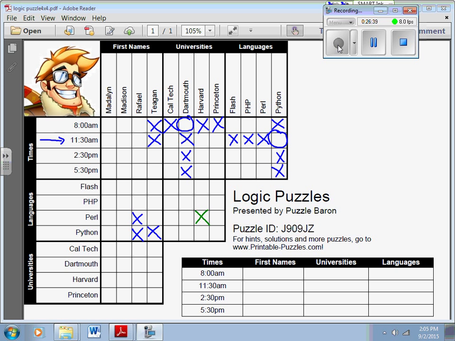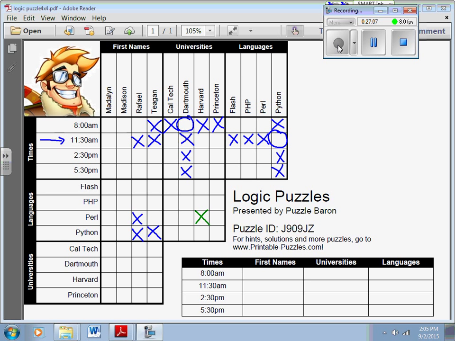So with that said, Raphael did not arrive at 11:30. Does everybody agree? Because he's not the Python programmer. He did not arrive at 11:30. Okay. Anything else I can get from just that clue? Okay. All right, next clue.